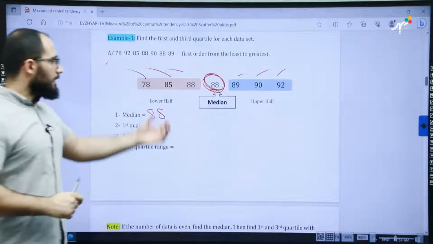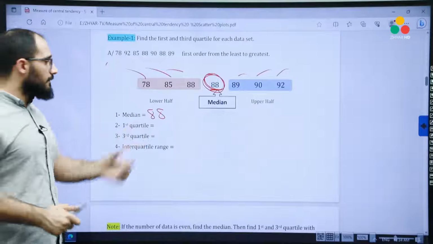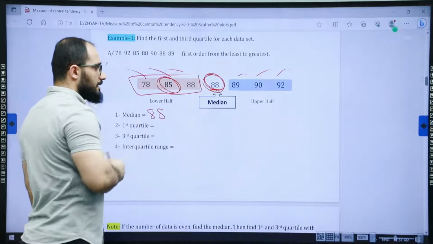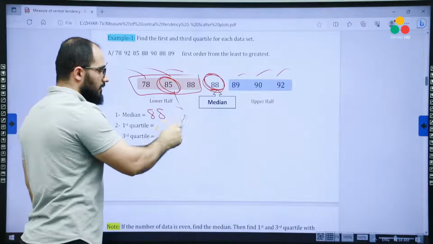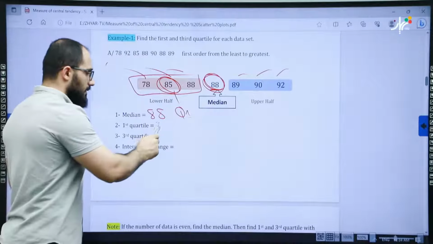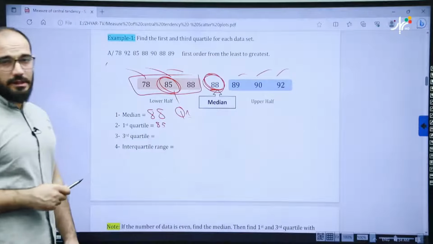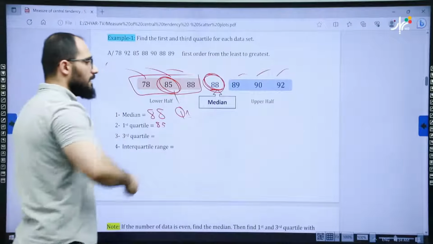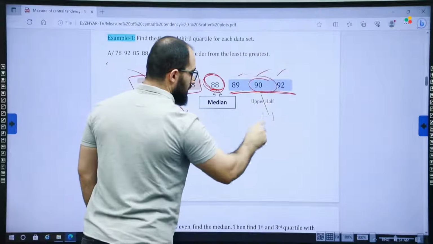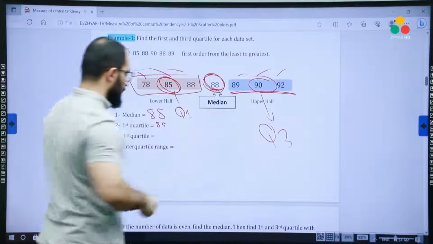The median of the lower half is 85. So this is Q1. The first quartile is 85. The median of the upper half is 90, this is Q3.